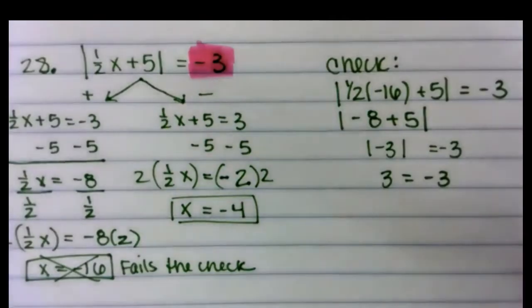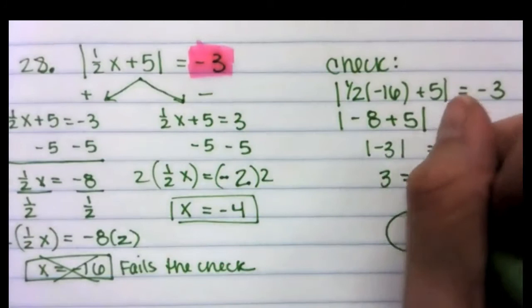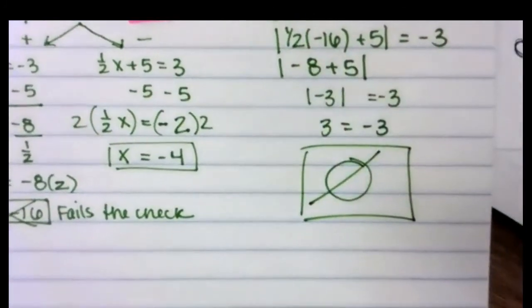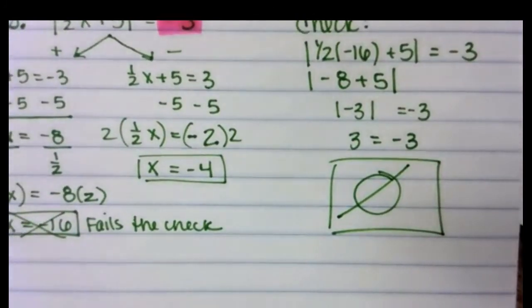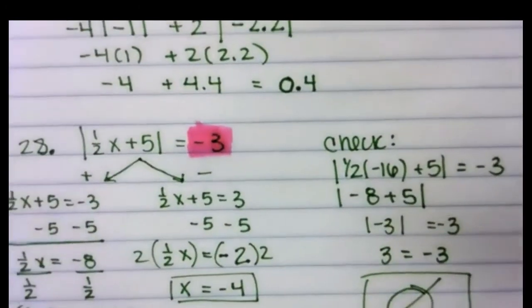So can an absolute value ever equal a negative? So what does that tell you about 28 in general? Good.